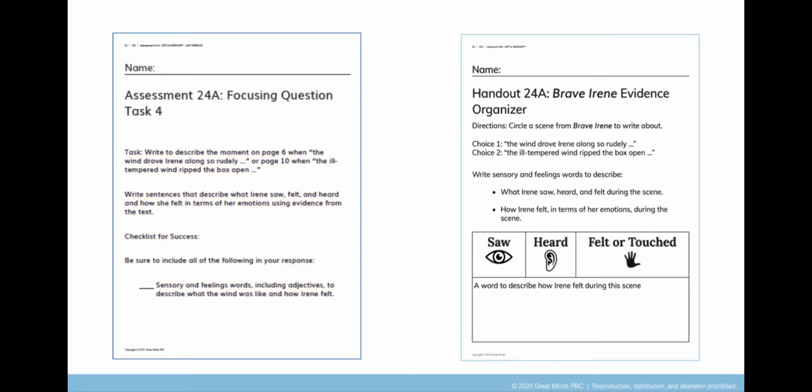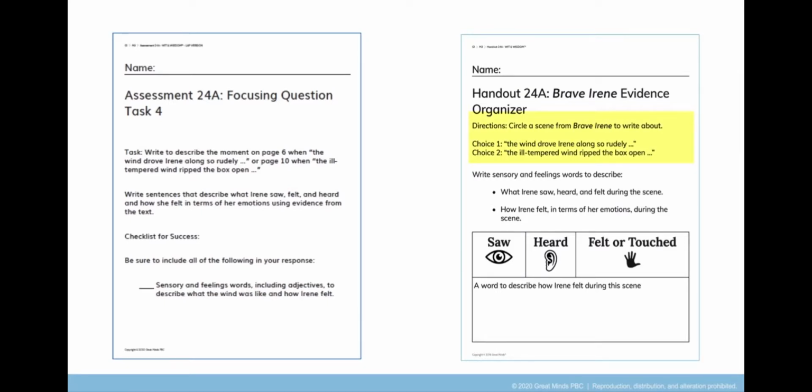All right, remember, you're going to use handout 24A, the Brave Irene evidence organizer that you use to complete and rehearse your sentences. And remember, if you don't have the handout, you should have the evidence organizer created in your journal. Okay, so let's take a moment to review the evidence organizer. The first part of the organizer says to circle a scene from Brave Irene to write about.